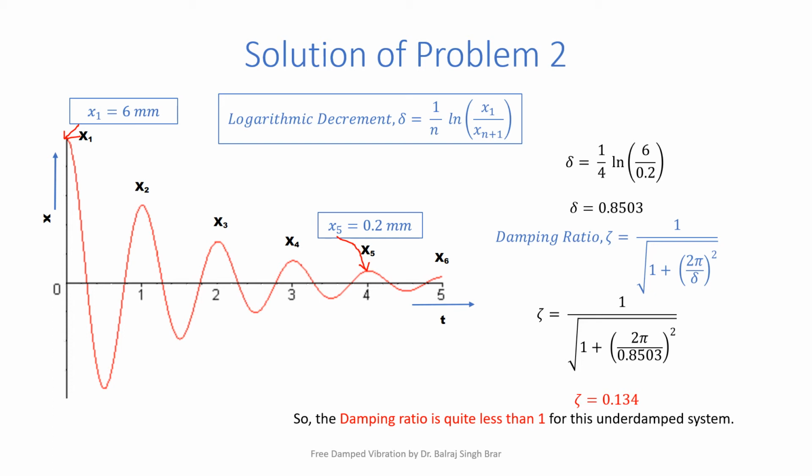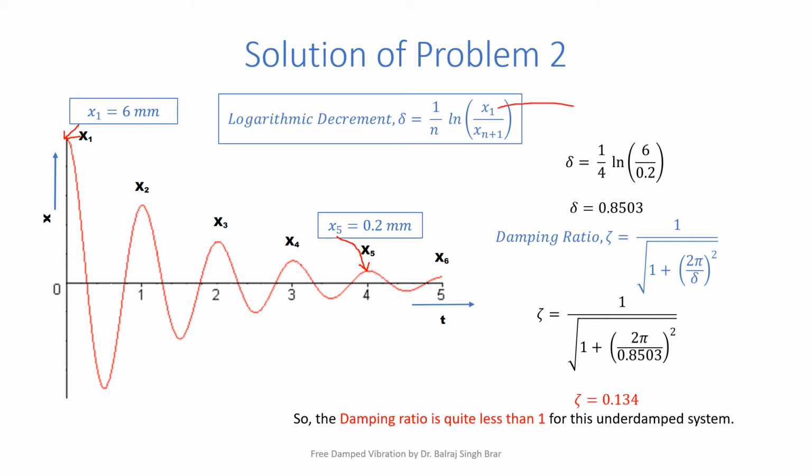Now, from the relation of logarithmic decrement where the amplitudes after n cycles are related, we have logarithmic decrement delta equal to 1 by n natural log of x1 by xn plus 1.